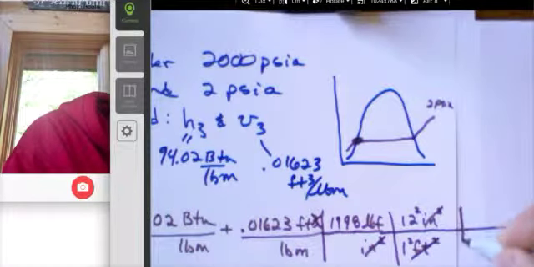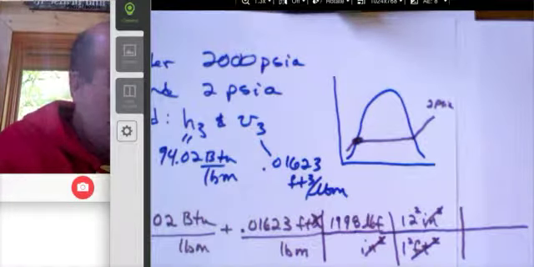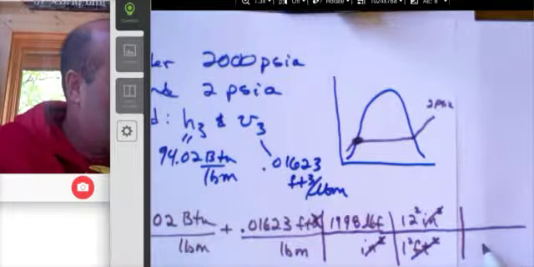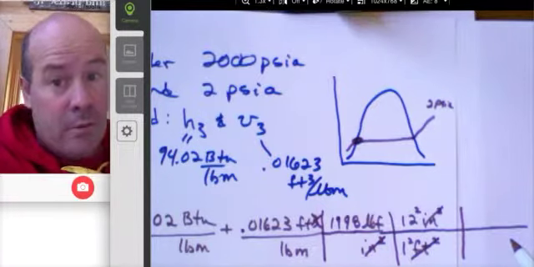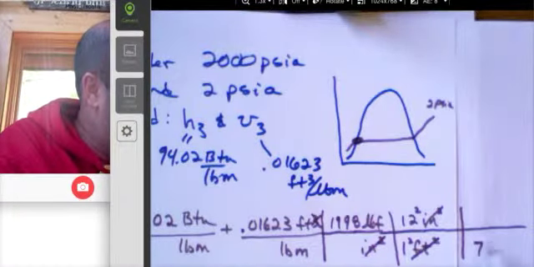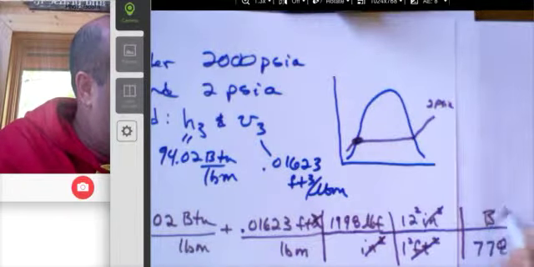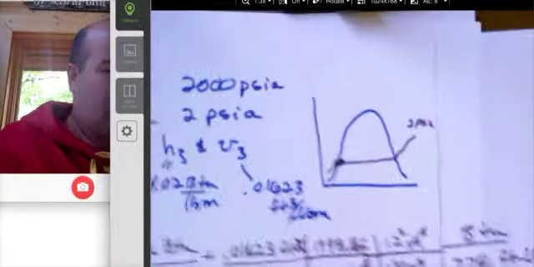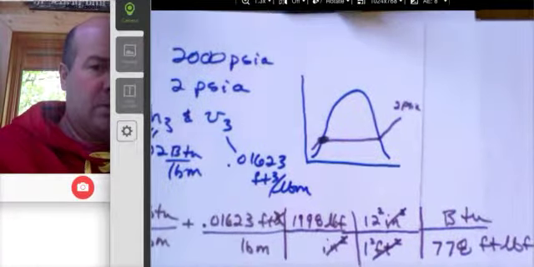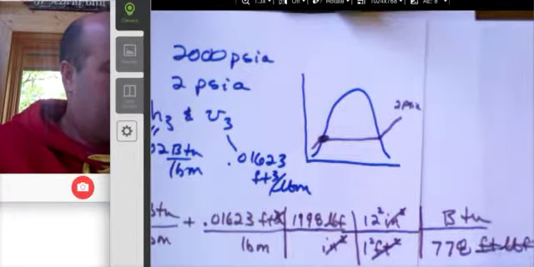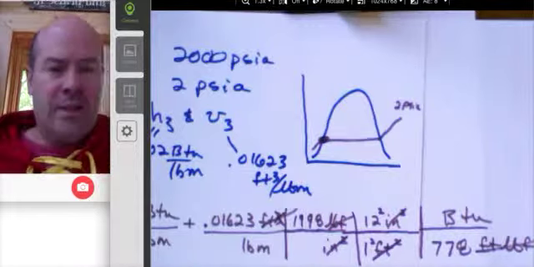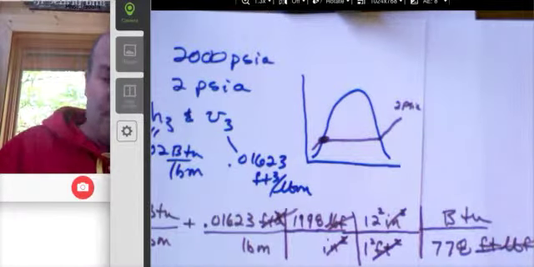We need to convert foot-pounds to BTUs. Well, if you do this enough times, you'll remember, if not, you just look it up in the cover of the book, that there are 778 foot-pounds in a BTU. So foot-pounds, foot and pounds, foot and pounds. And we are left with BTUs per pound mass.